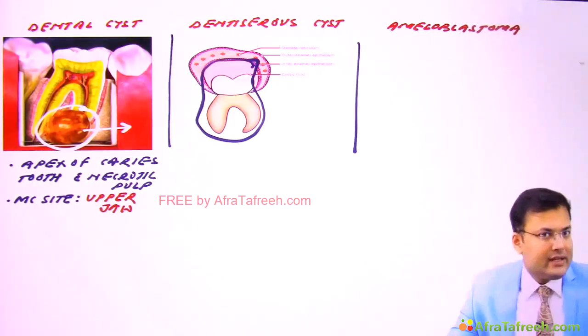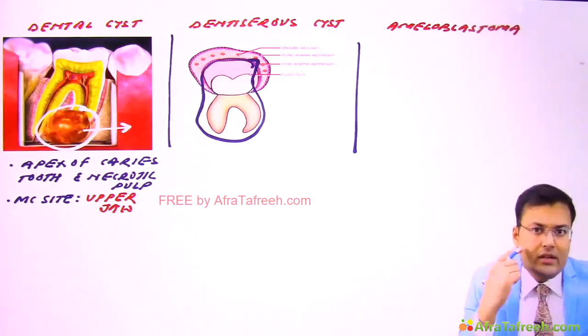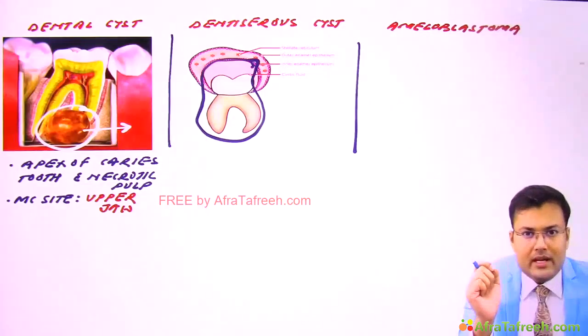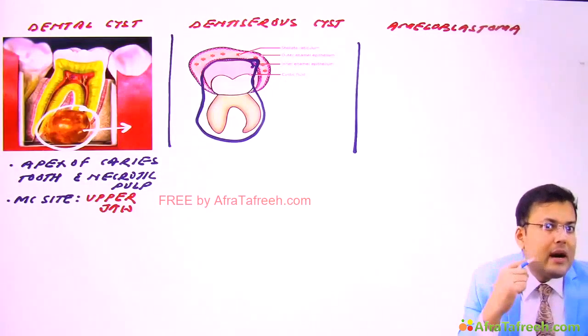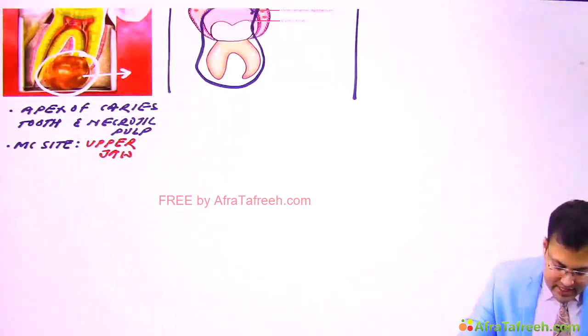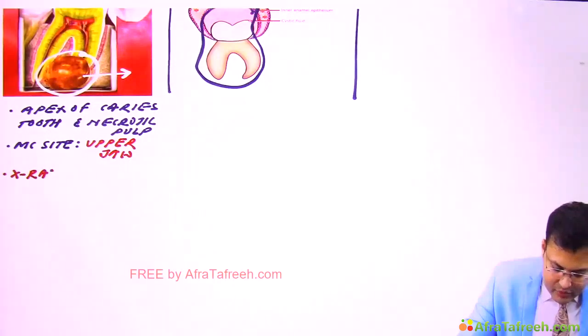Okay, and on X-ray what you are going to notice? You are going to notice the circular radiolucent area in relation to normally erupted tooth, and you will notice that the margins are sclerotic. So we are going to make the diagnosis on X-ray. And what are the findings in dental cyst on X-ray? There is circular radiolucent area.